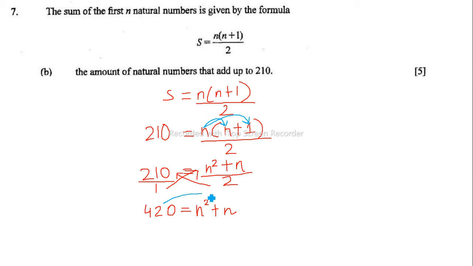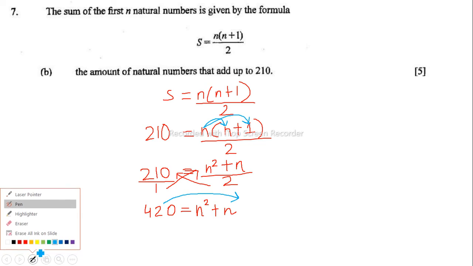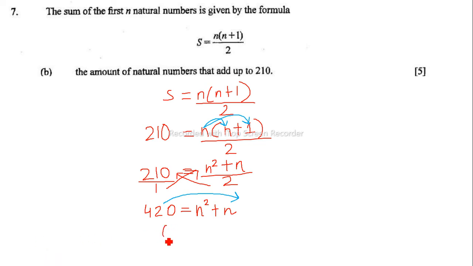So we're going to send 420 over the equal sign, and it's going to give us 0 is equal to n squared plus n minus 420.